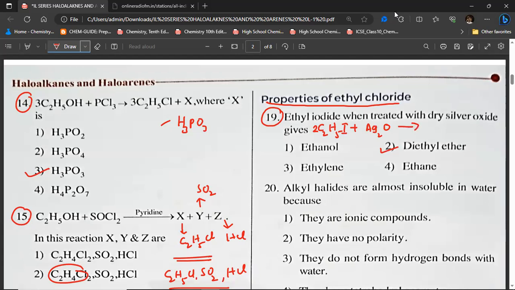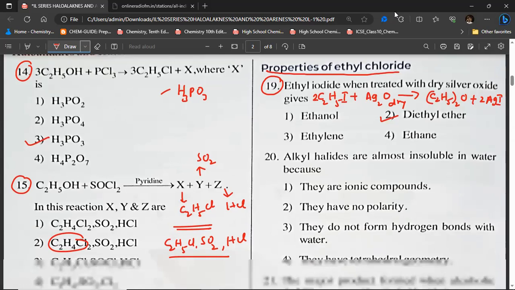If it is dry, then it will be ether. Ether is (C2H5)2O plus 2 moles of AgI. So that's why diethyl ether is the right answer for this 19th question.